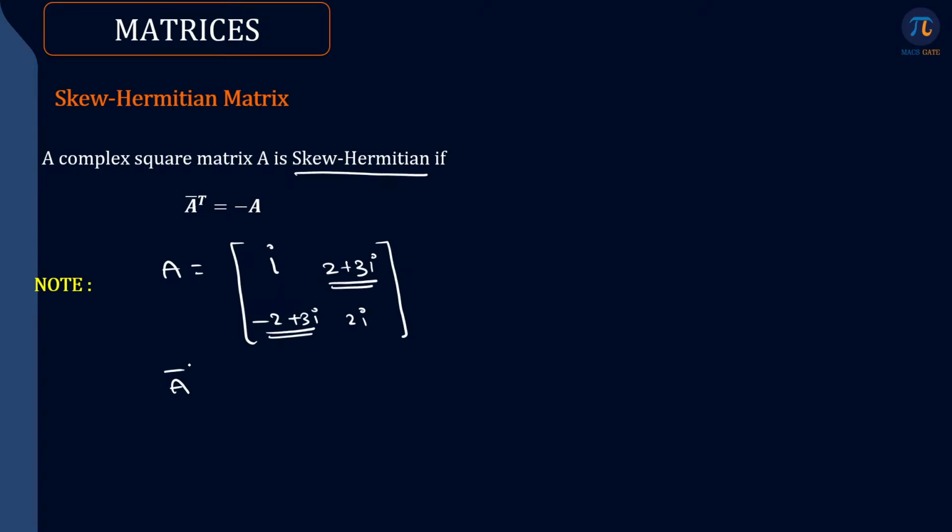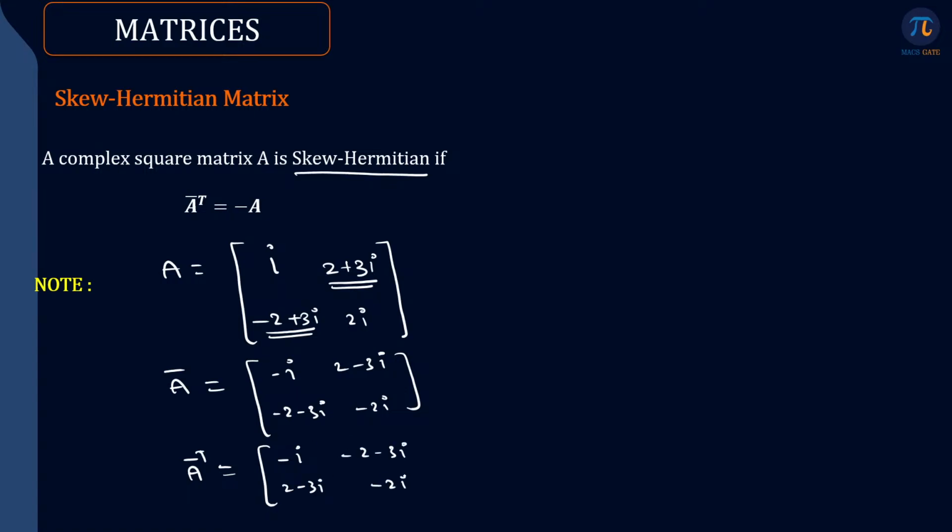So if you check this, the conjugate is what, sir? i becomes minus i, this becomes 2 minus 3i, and this becomes minus 2 minus 3i, and it becomes minus 2i. And if you do the transpose of this: minus i, minus 2 minus 3i, 2 minus 3i, minus 2i. Take this minus sign common, so that it becomes i, 2 plus 3i.